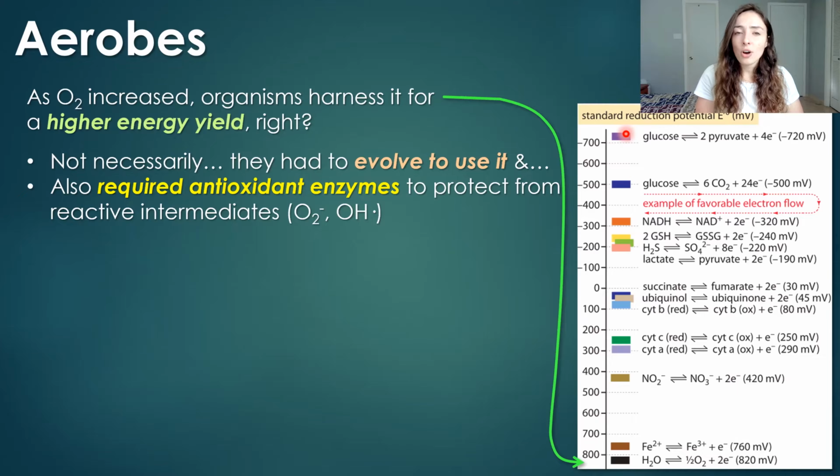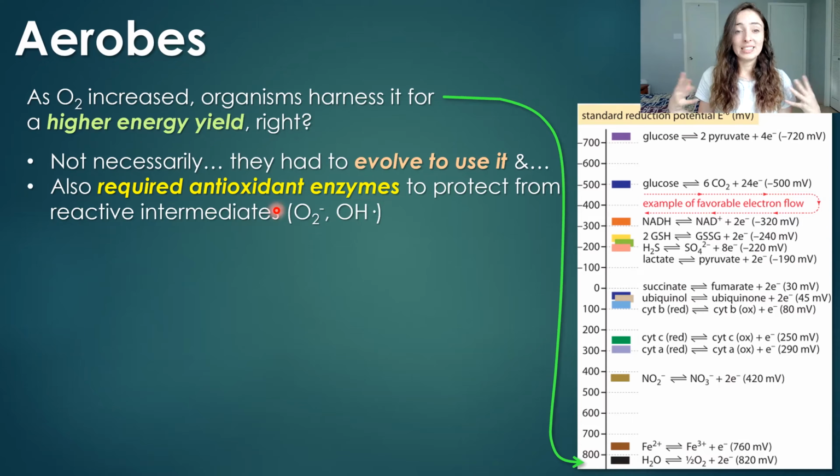And not only that, they also had to evolve the required enzymes, because oxygen respiration involves some reactive intermediate oxygen species like superoxide and hydroxyl radicals that are really unhealthy for organisms, including ourselves, which is why we like things called antioxidants.